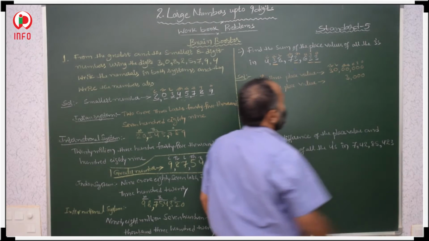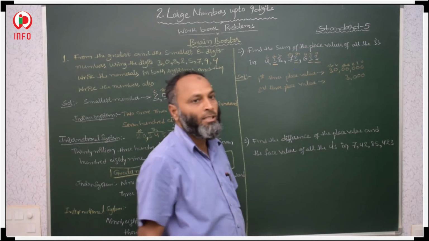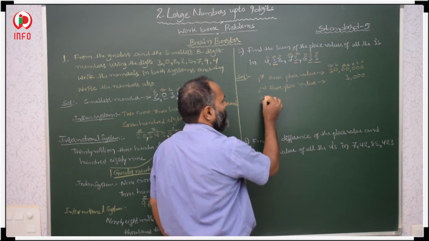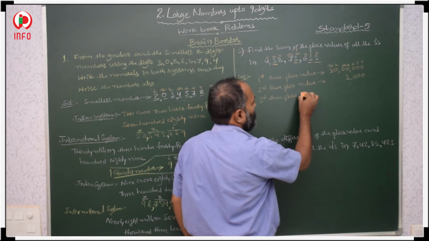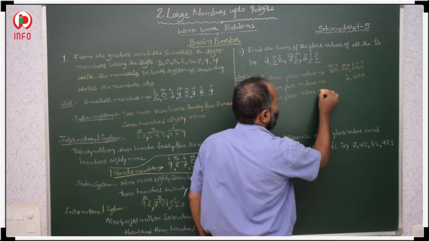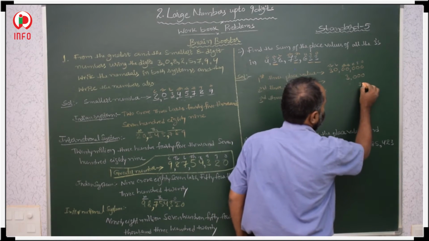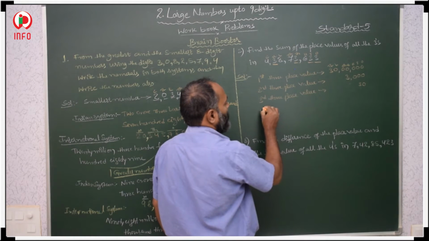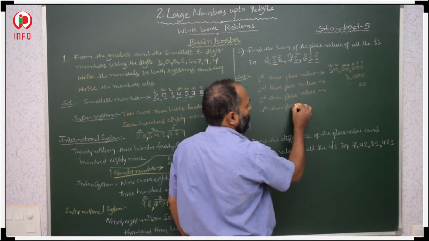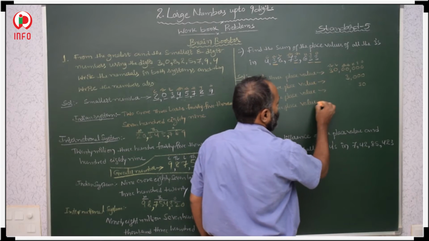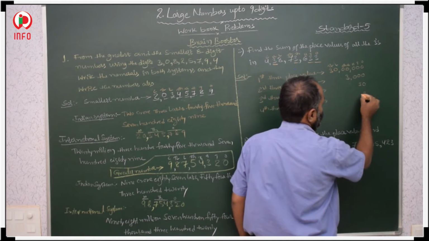Then the third 3 place value is in the tens place, that is 30. Then the fourth 3 is in the ones place.